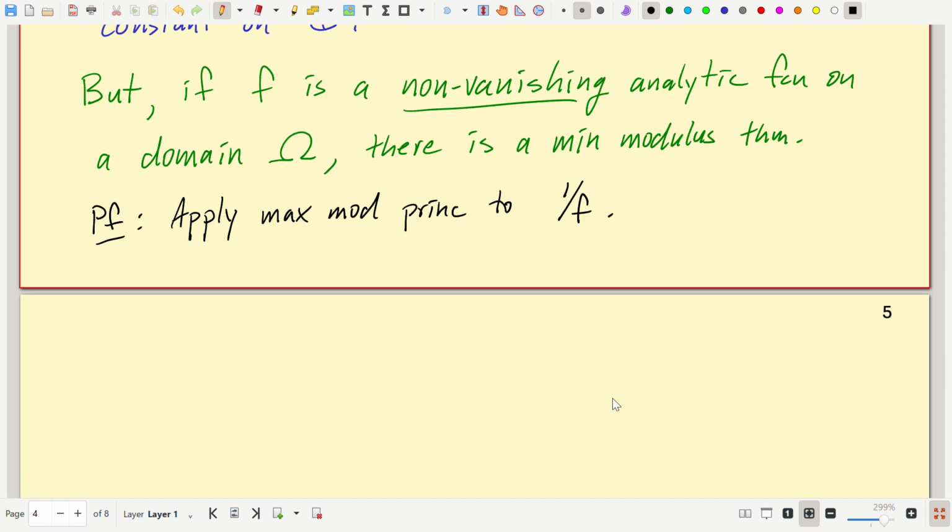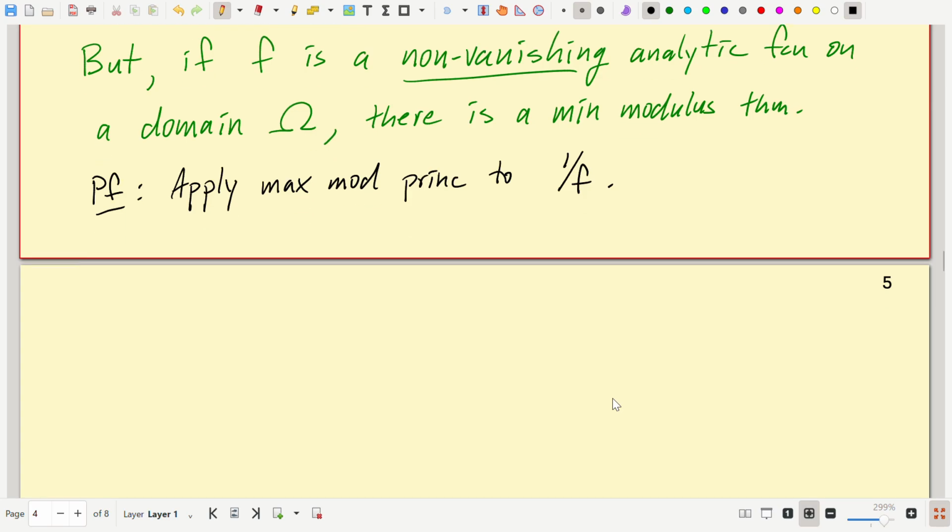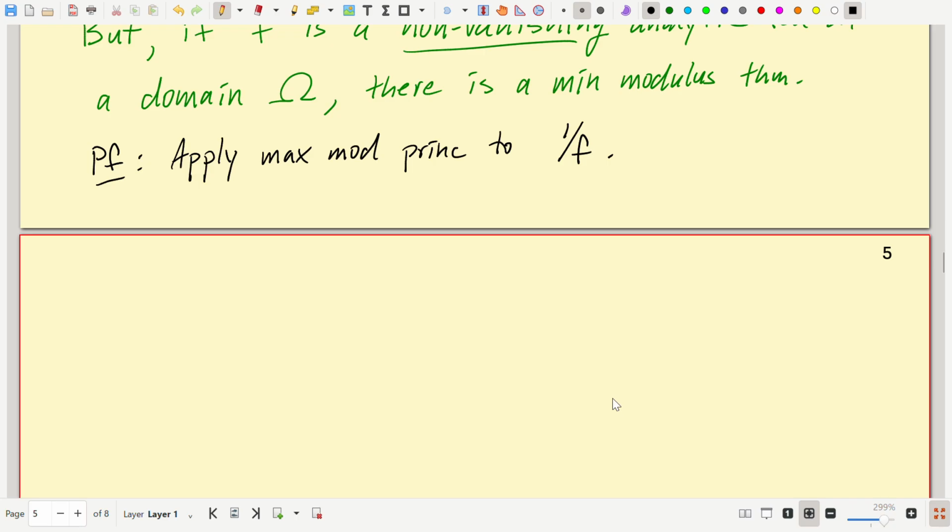Okay, we've seen that the averaging property was the key to my showing the maximum principle.